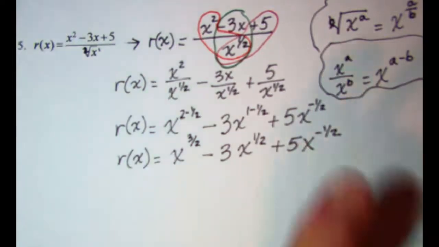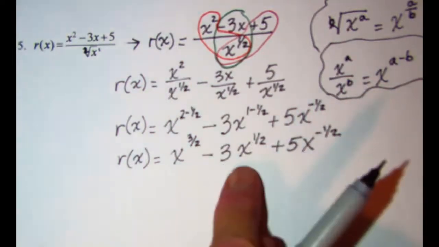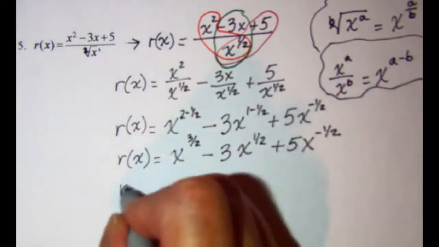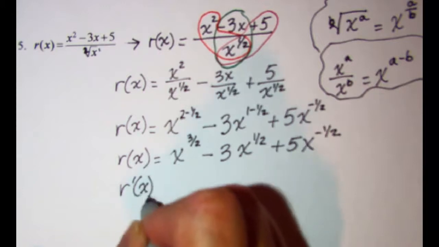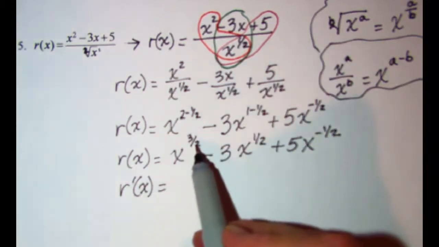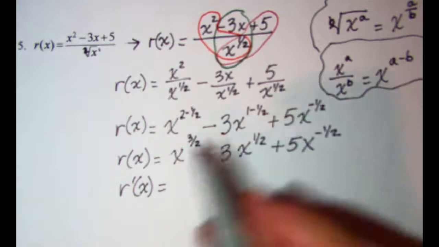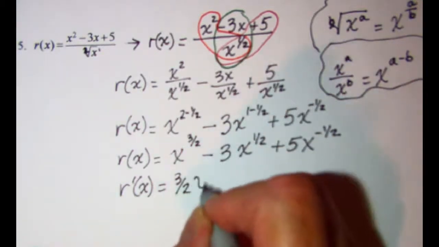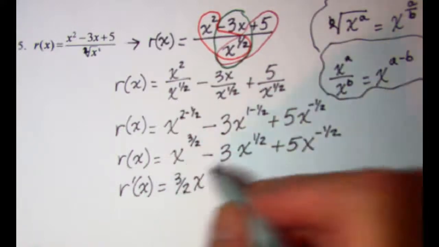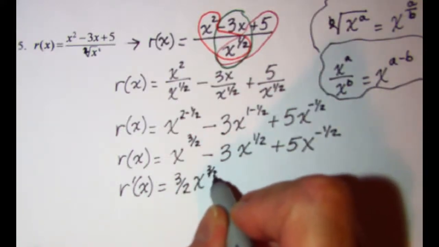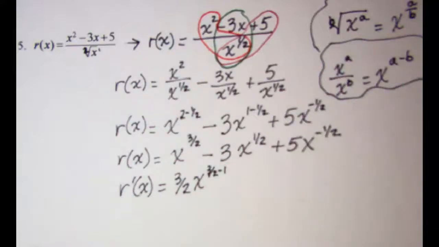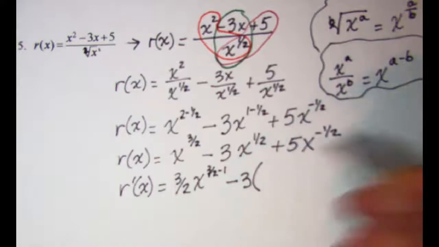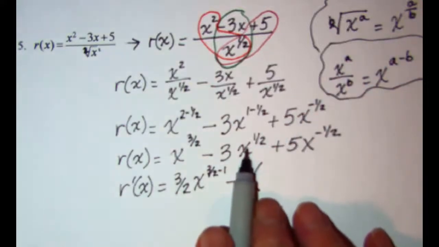Alright, now I have 3 terms and they're each powers, so I can use the power rule. My derivative r prime is going to be, take this exponent out in front as the numerical coefficient, and then reduce the exponent by 1. 3/2 minus 1. Subtract 3 times the derivative on this one.